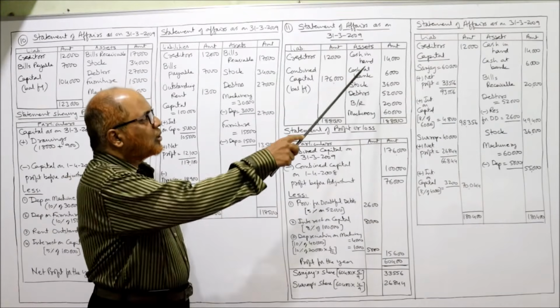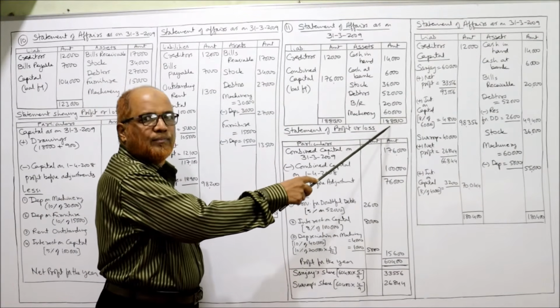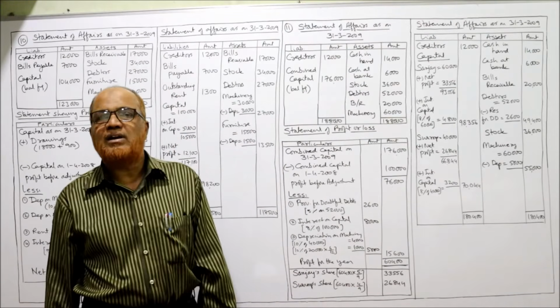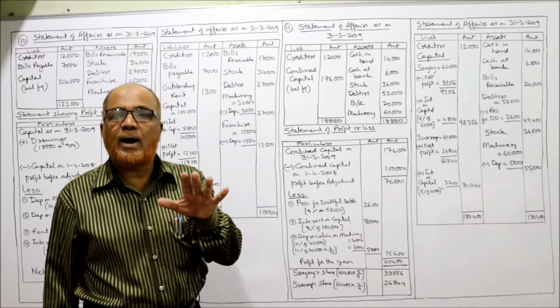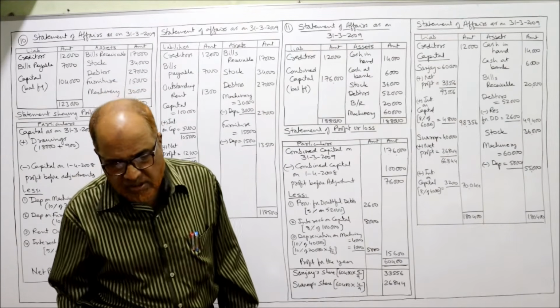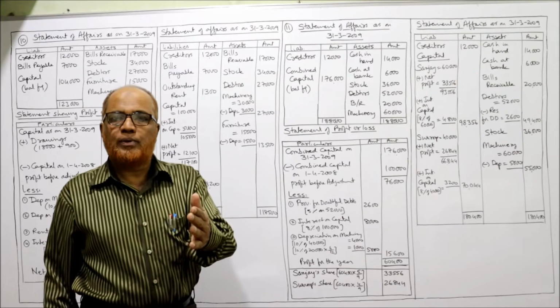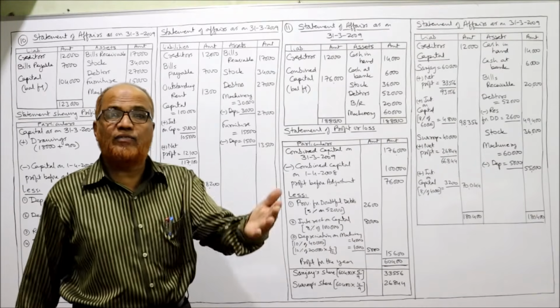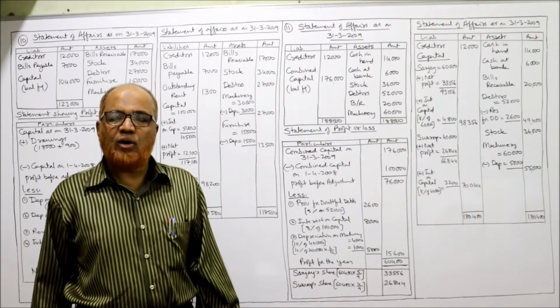Take the total of the assets, 1,88,000. 1,88,000 minus 12,000, 1,76,000 is the combined capital of both Sanjay and Swarup at the end of the year.